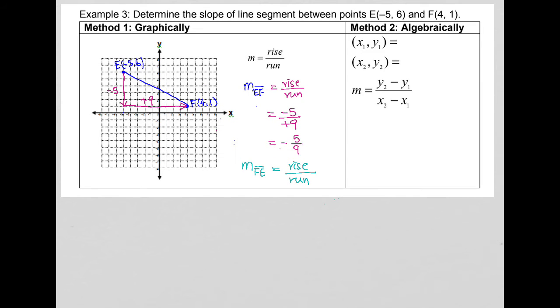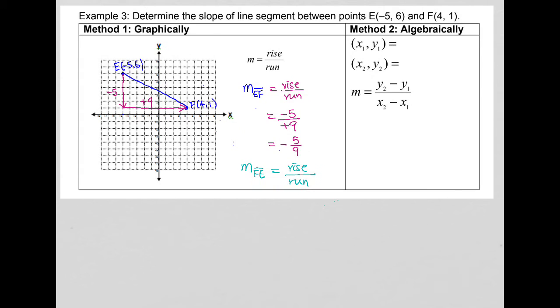If I go from F to E, then I go 1, 2, 3, 4, 5: 5 units up. So now my rise becomes positive 5. How about my run? Now I have to go to the left by 1, 2, 3, 4, 5, 6, 7, 8, 9: 9 units left. That means negative 9. So I have positive over negative, which gives negative 5 over 9.